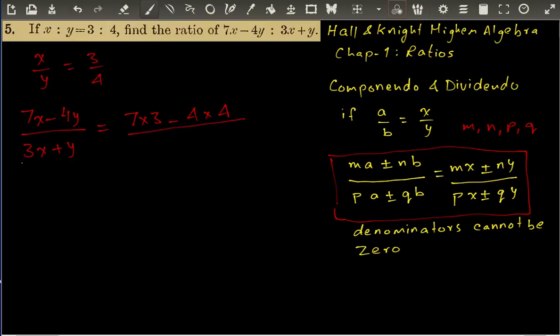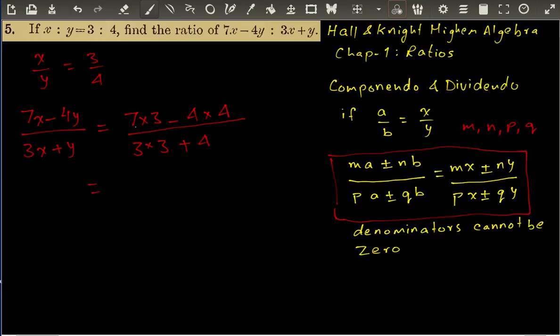the denominator is 3x plus y, so we have to do the similar operation on the right hand side: 3 times 3 plus 4.